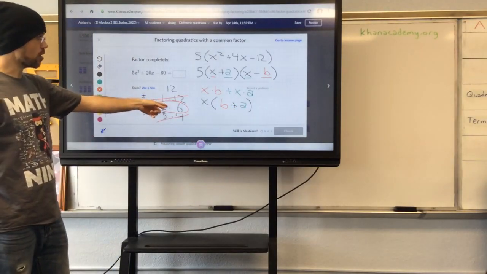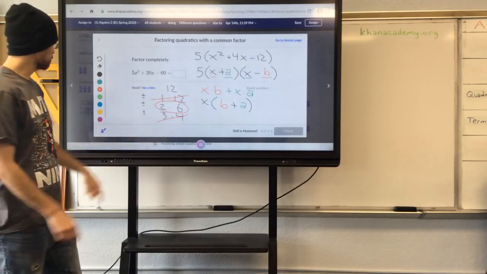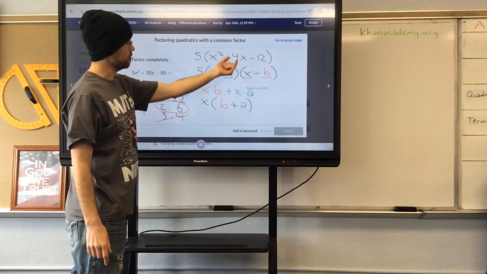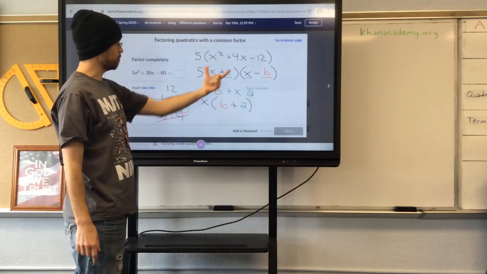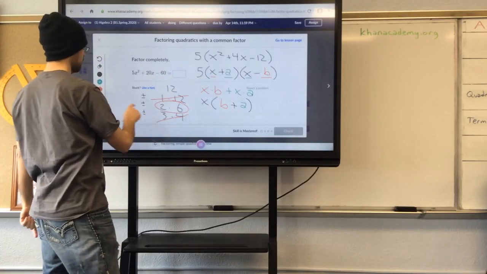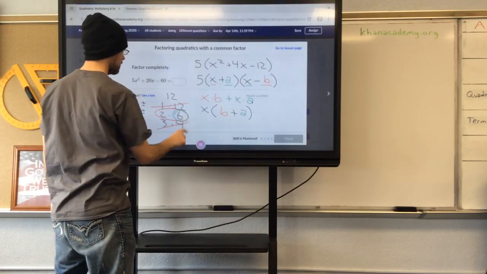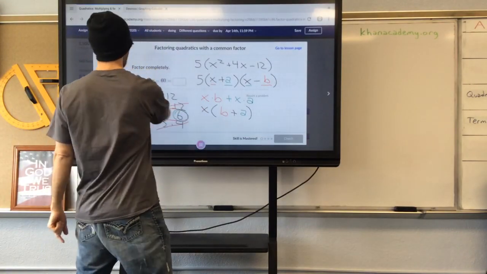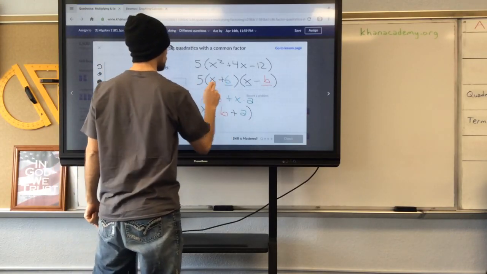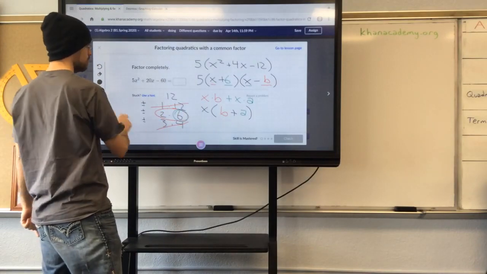So these are our numbers, and we need to figure out which one's positive, which one's negative. Well, the bigger number has to be positive so that when we add them, we get a positive. So 6 is our positive, so 6 is a. We can put that right here. And 2 is b.